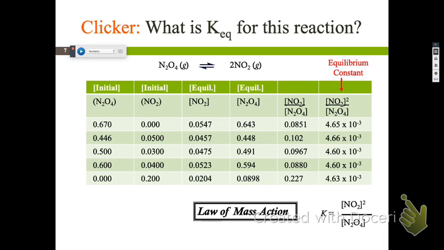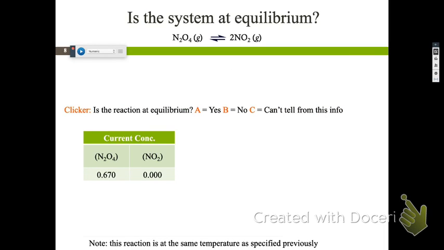And we're not going to get into the law of mass action, so I want you to decide whether each of these is at equilibrium or not. How are you guys going to tell whether it's at equilibrium or not? So go ahead and click in whether this is at equilibrium or not.